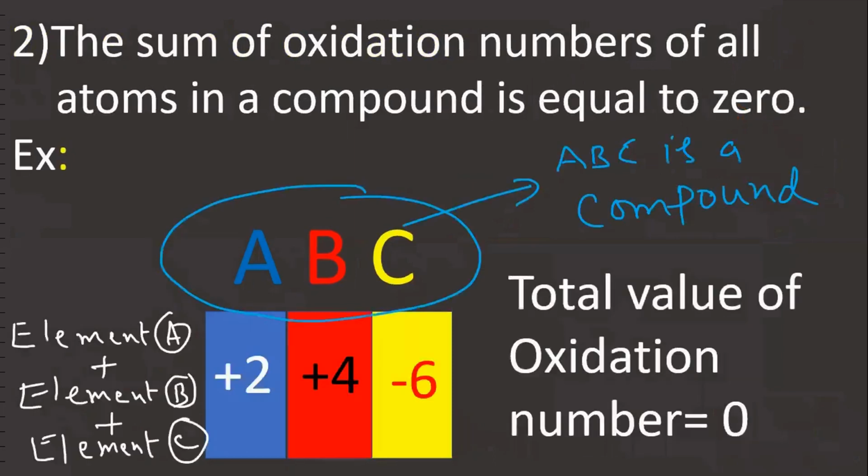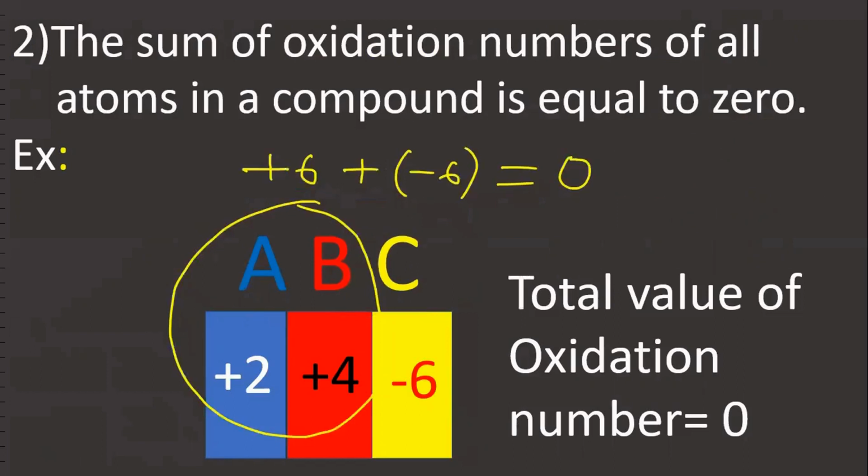See this compound ABC, in which the elements are A, B, C. Element A has +2 charge, B has +4 charge, C has -6 charge. Total charge is equal to 0. Understand that the sum of the oxidation numbers of all atoms in the compound is equal to 0. This is a rule.